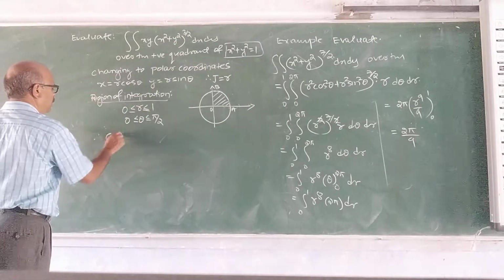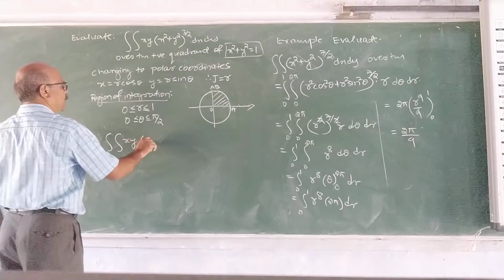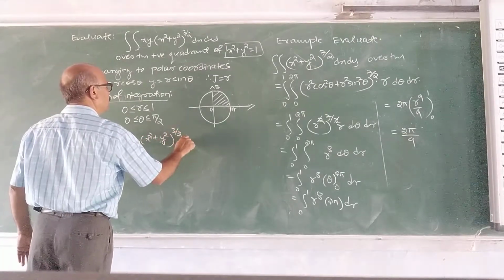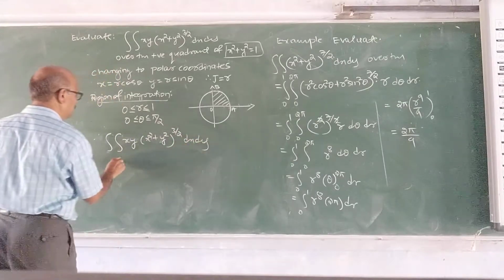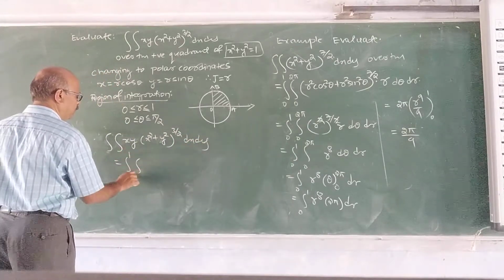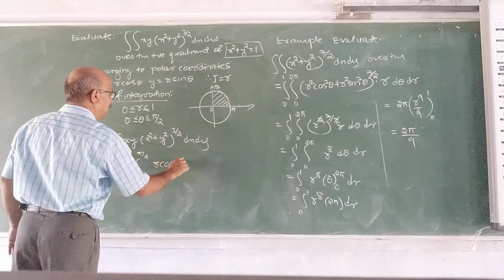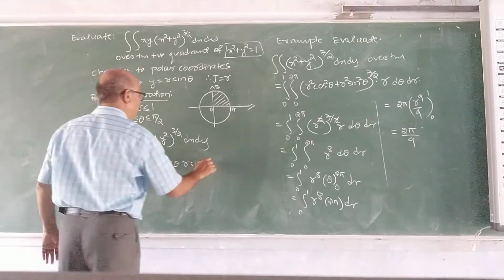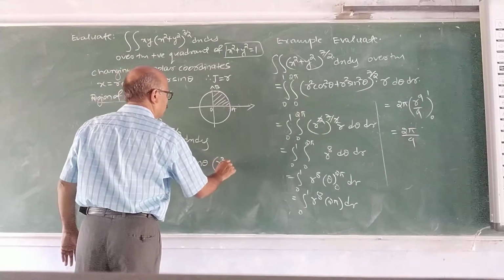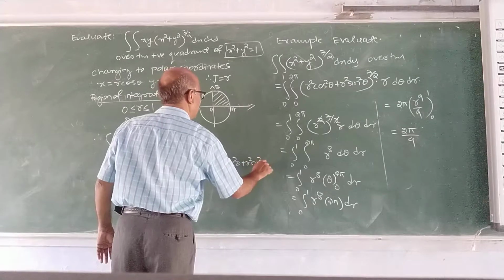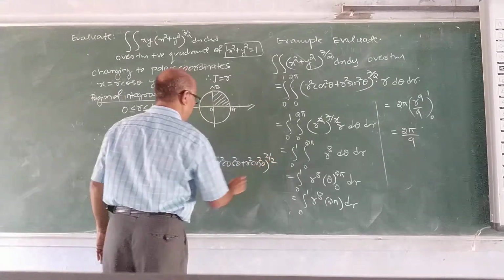Therefore, the double integral xy, x square plus y square raised to 3 by 2 dx dy is 0 to 1, 0 to pi by 2. What is x? r cos theta, r sin theta, r square cos square theta plus r square sin square theta raised to 3 by 2.